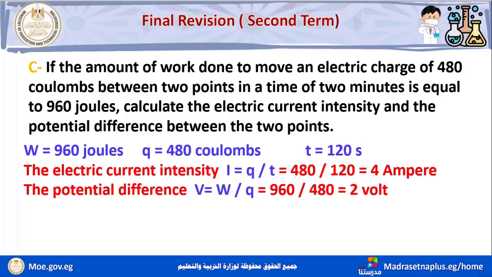The potential difference V equals work done divided by electric charge Q, 960 divided by 480 equals 2 volts.